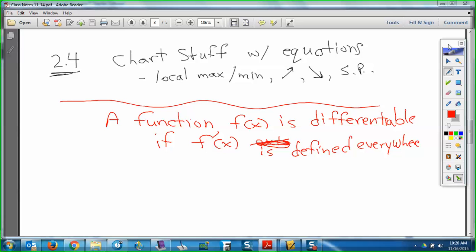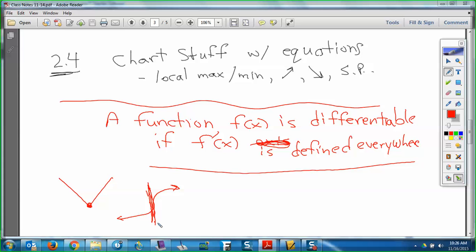Vertical tangent. So examples of things that would make it not be differentiable would be your sharp point and a graph that came up and did this, where you had a vertical tangent. Those would be situations where the derivative would be undefined, so therefore it is not differentiable.